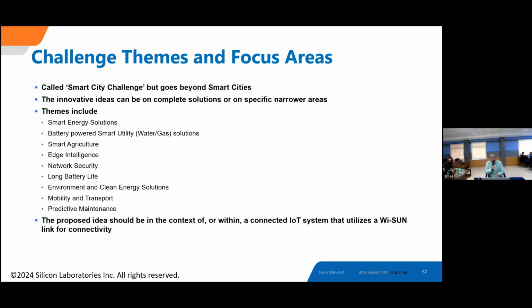Edge intelligence: the chips that you're going to use have a hardware machine learning processor there. So you can do a lot of edge intelligence. What does that mean? Okay, so let's say that you're creating a traffic camera and then you are connecting all the traffic cameras and creating a better way to guide traffic. It's a complete solution. You can propose that.